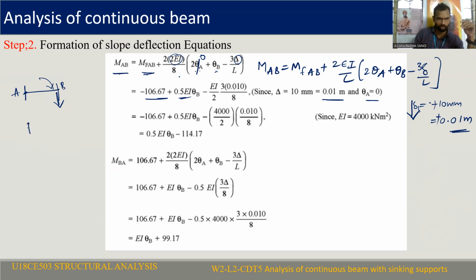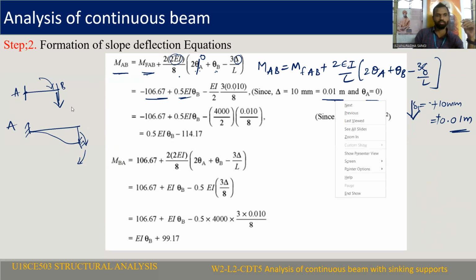Why? Because observe that with respect to support A, support B is settling down, which is clockwise. So delta will be considered positive.